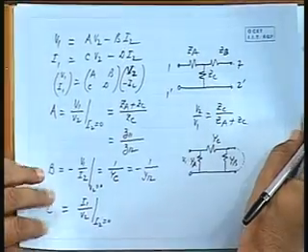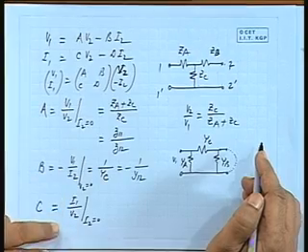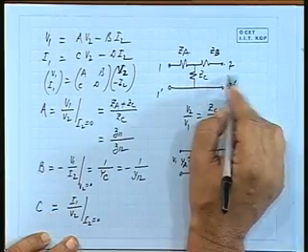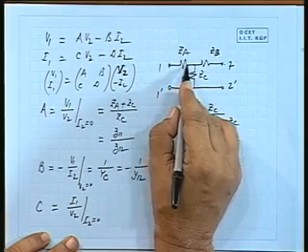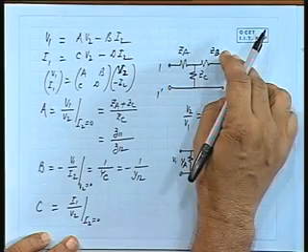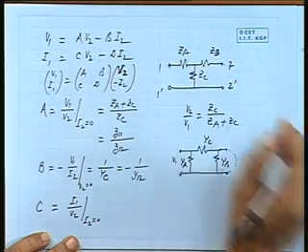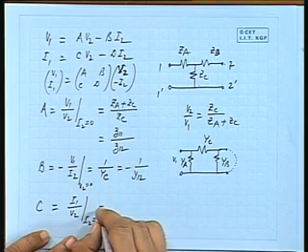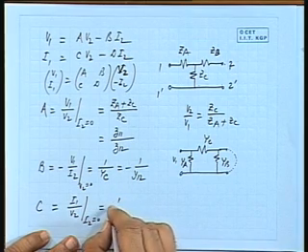Under open circuit condition, I1 by V2, so when I2 is 0, keep this open, send a current of 1 ampere, how much is V2? ZC, so 1 by ZC.